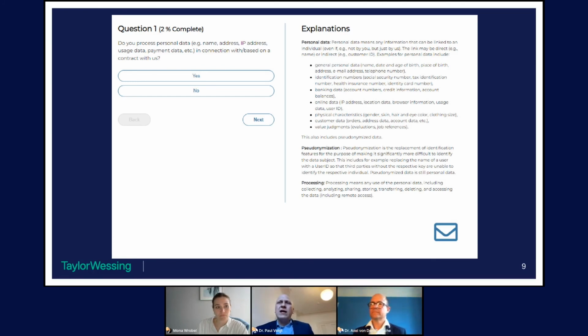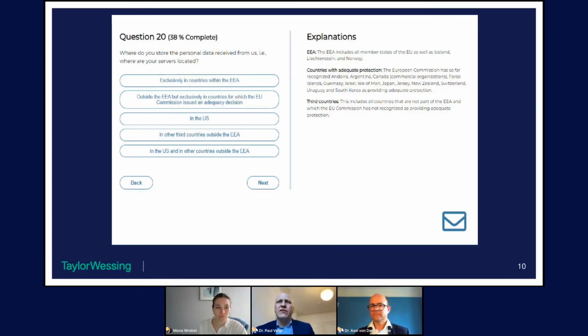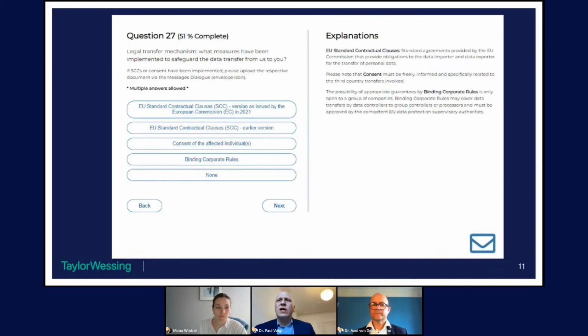We have a few example slides on how our questionnaire looks. It's okay if you can't read it in detail. It's just to give you an understanding. Basically, on the left-hand side, we have questions that are asked and certain options that can be chosen by the data importers. And on the right-hand side, we have explanations on what these questions mean and what answers we're actually looking for from the data importer to guide them.